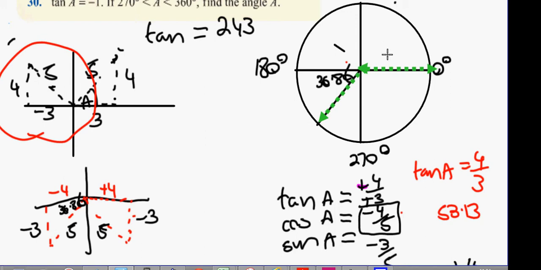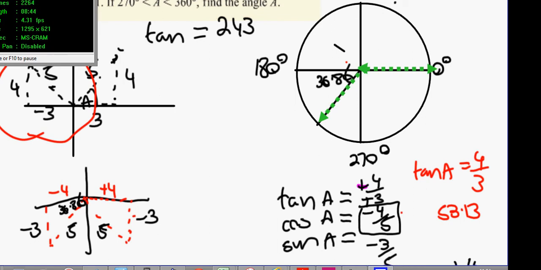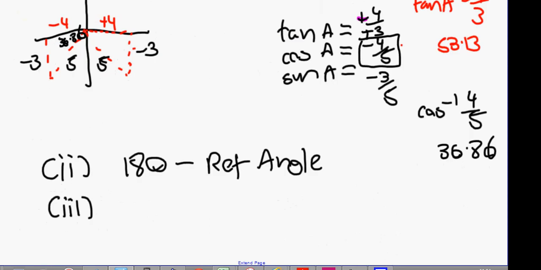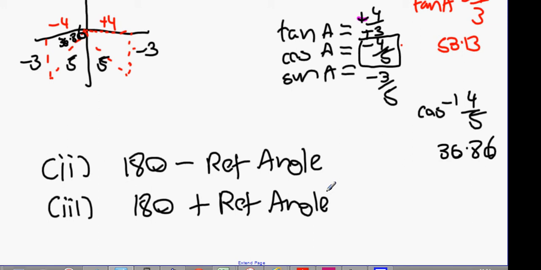Sorry, it's 180 plus. This time around it's going to be 180 plus that angle. This means that the rule for your third quadrant is 180 plus the reference angle. Different rules for different quadrants.